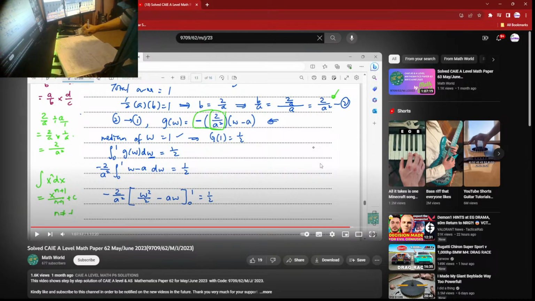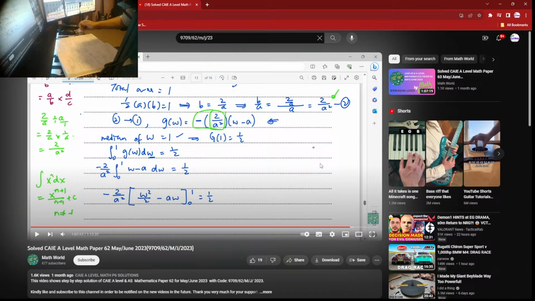So we will have negative 2 over A squared. Sorry, negative 2, W squared over 2 minus AW, 1 to 0 equals 0.5.